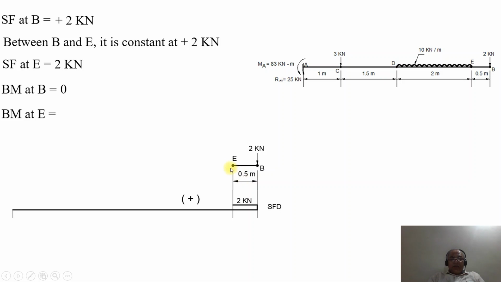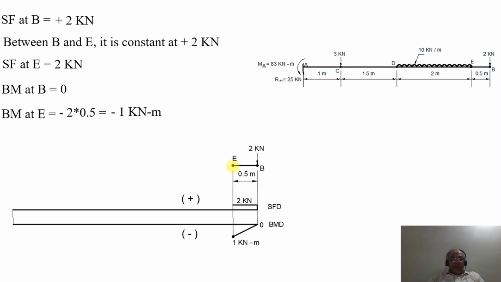That means it becomes hogging, because the beam is fixed at the point E. So that will be equal to minus 2 into 0.5, which is minus 1 kilonewton meter. So when plotting this, BM at B is 0 and BM at E is minus 1 kilonewton meter.